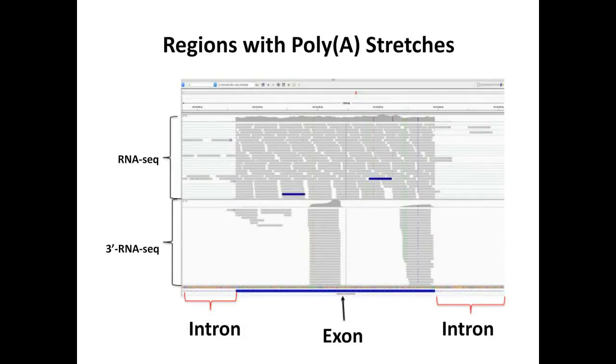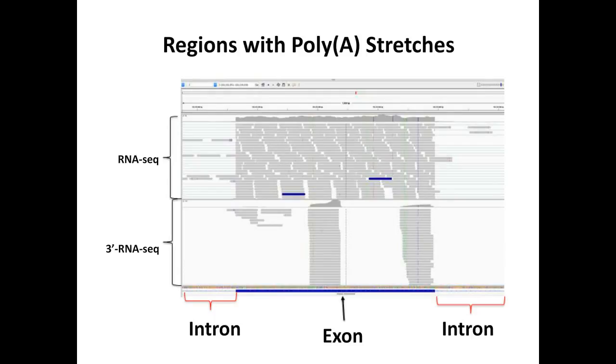So this is another problem. When we were looking at the gene model, you can see there's an intron here, there's an exon here, and there's another intron here. And in our 3' RNA-seq data, we found that some reads, like you can see here, are mapping to exons, and also these reads are mapping to exons.